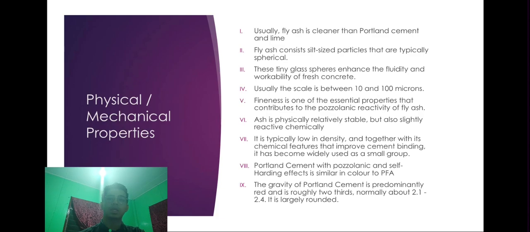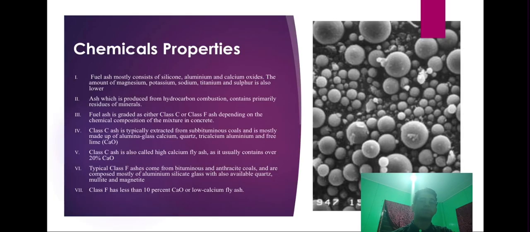Okay, second, chemical properties. Fly ash is mostly made from silicon, aluminum and calcium oxide, while the amounts of magnesium, potassium, sodium, titanium and sulfur are lower. Second, fly ash, which is produced from coal combustion, contains primarily residues of the mineral.